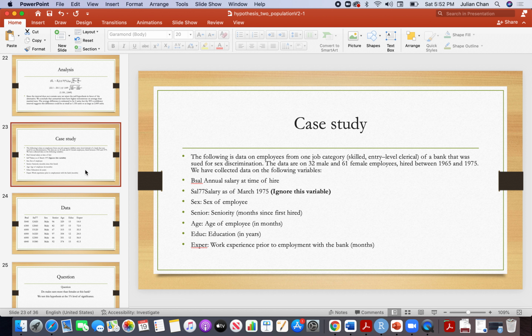Now we have the following data from a job category of a bank that was sued for sex discrimination, of 32 male and 61 female employees hired between 1965 and 1975, and we have data on these variables. There are only 2 variables we're going to pay attention to: base salary, or starting salary, and sex.